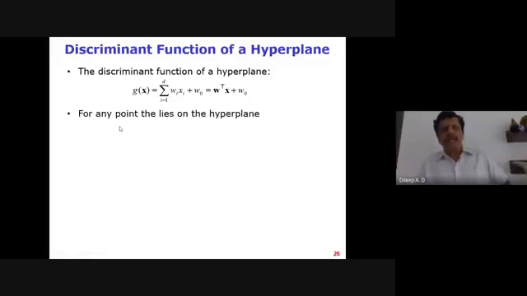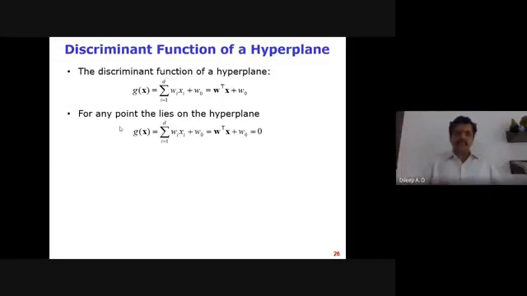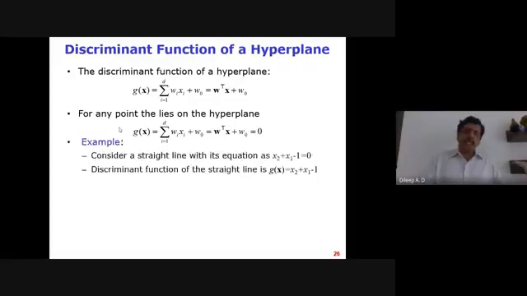Now, one characteristic of these discriminant functions you need to understand: if any point lies on the discriminant function, then its value will be equal to 0. Let us try to understand these basic things with respect to a line in two-dimensional space. Let's consider a straight line with the equation x2 plus x1 minus 1 is equal to 0.